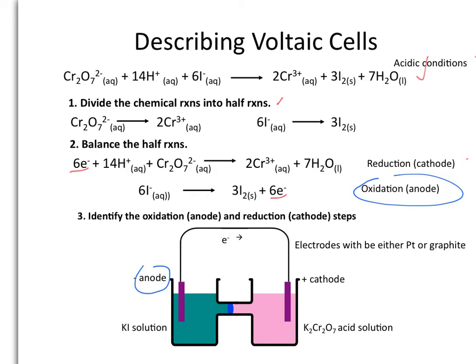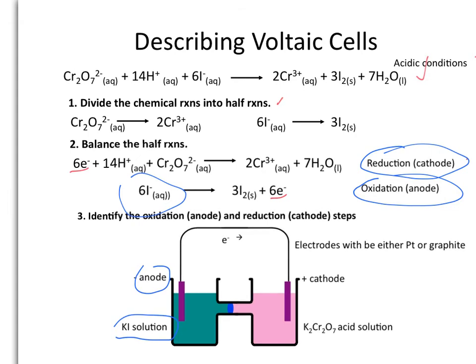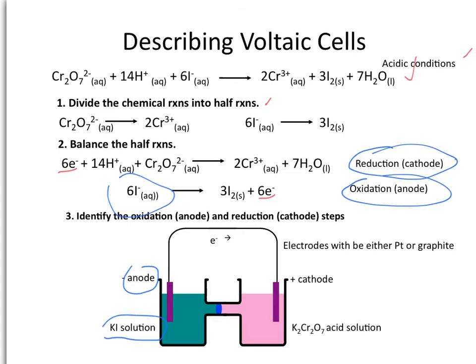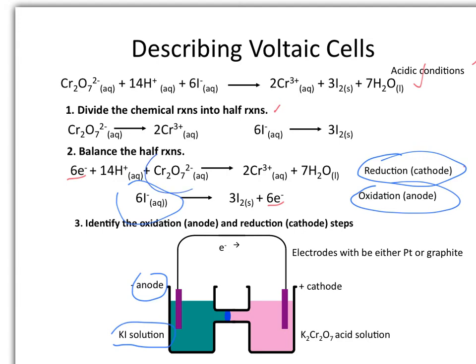So for instance, iodide, we know we need a source for iodide in the solution. So in this case, we're going to have a potassium iodide solution on the left-hand side because that's what we need for our source. The fact that we have a reduction half reaction, we have a chromate anion present.